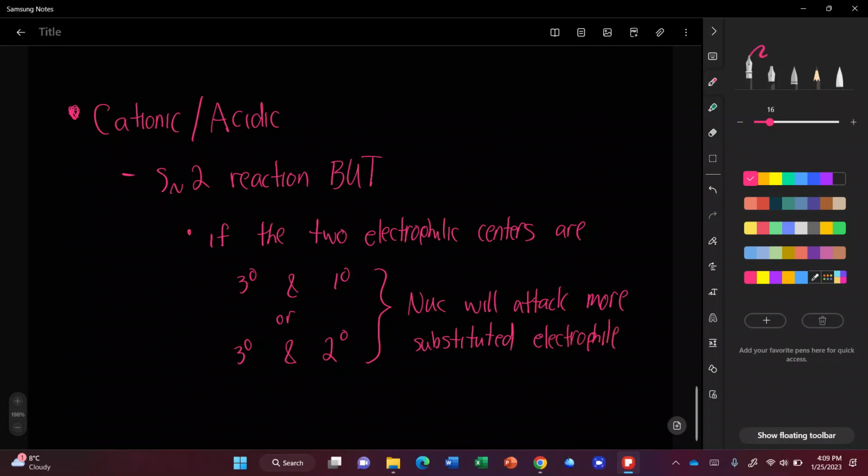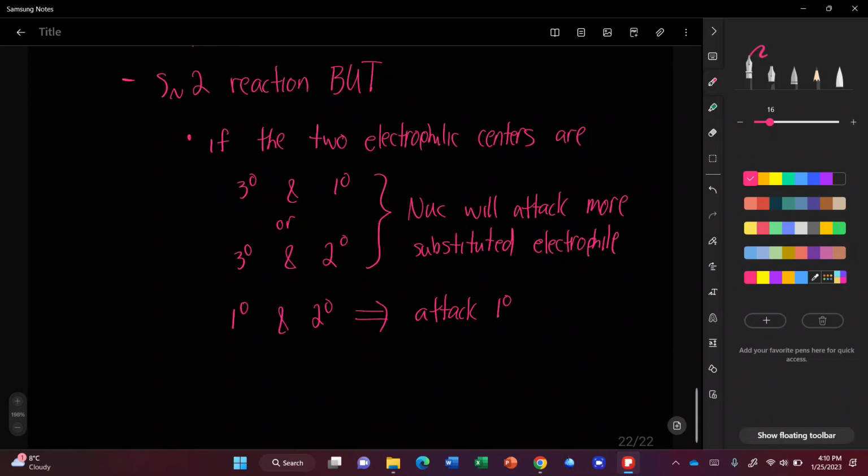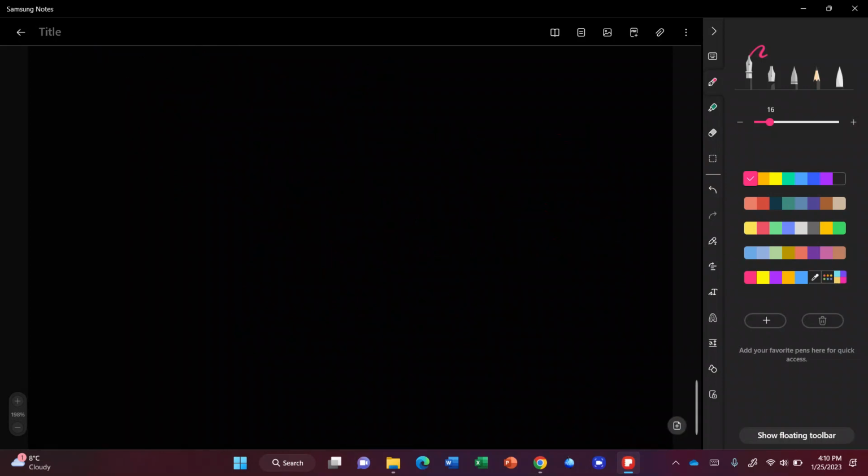However, and I didn't mention this, even if you're under cationic or acidic conditions, if you don't have a tertiary center and you only have a primary and a secondary center, then it actually behaves like an SN2 reaction and it will attack the primary, even under acidic conditions. I'll give you an example of that.